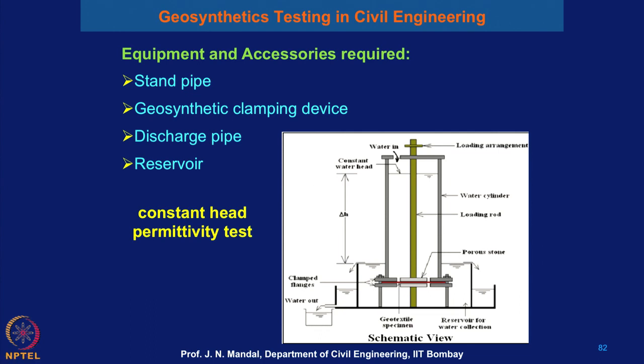Now, what equipment do you require for the determination of the constant head permeability test of the geosynthetic material? You require a stand pipe, the geosynthetic clamped here in the device, a discharge pipe, and then a reservoir.